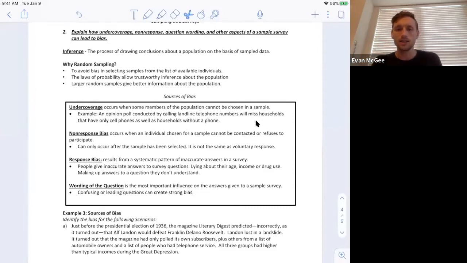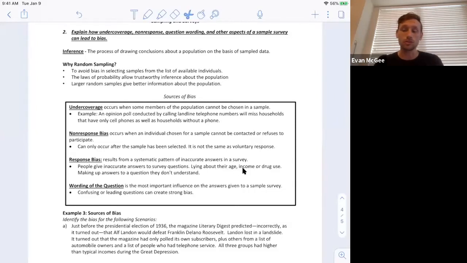Response bias is when people may lie or be encouraged to answer in a way that's not necessarily the truth. For example, people give inaccurate answers and they may lie about their age, about their income, about whether they use drugs or not.